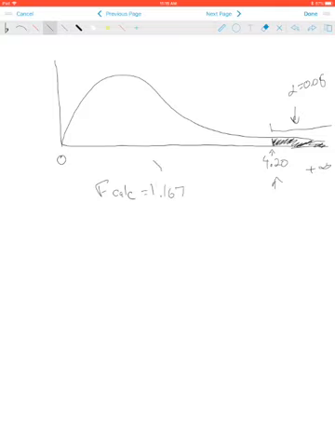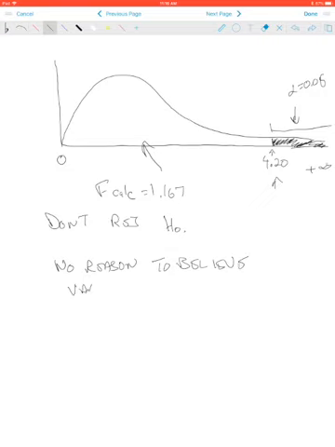So that probably sits around here somewhere in the region of non-rejection. So we don't reject the null hypothesis. No reason to believe variances differ between those islands.